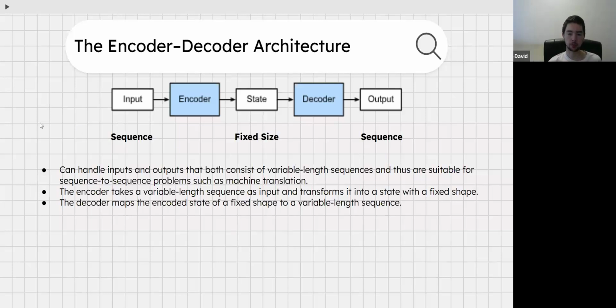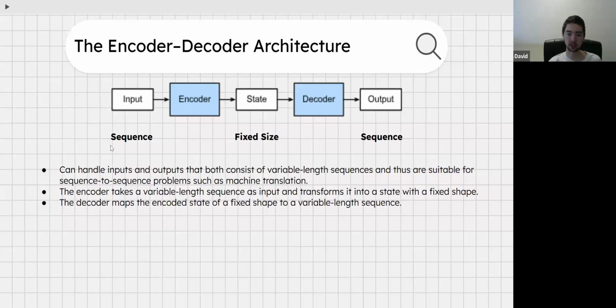The key takeaway is that the input sequence and the output sequence can have different lengths, but the state that we encode it to, the encoding, is a fixed size vector. Like an embedding for the entire sentence, basically.